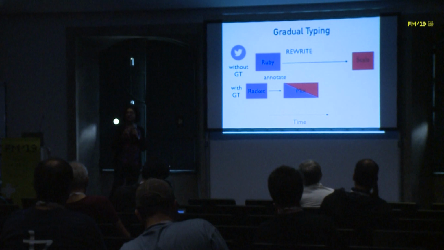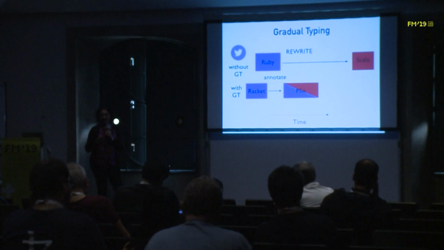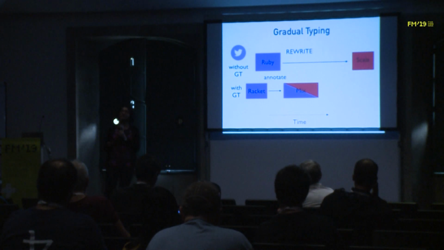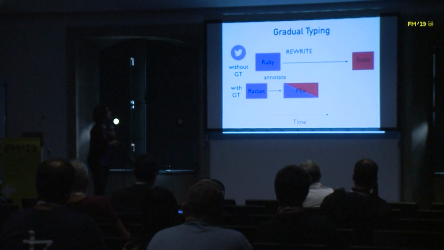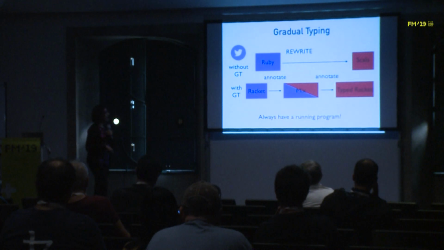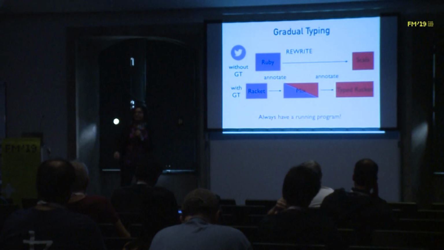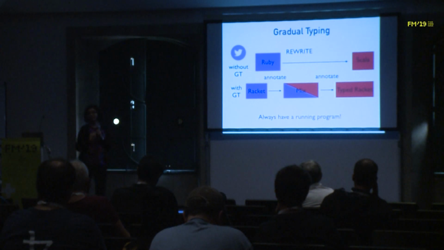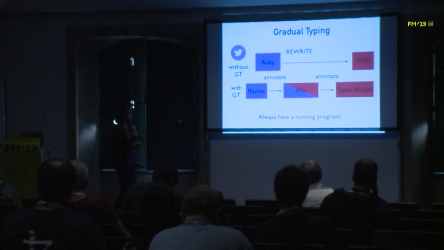And you can actually run that application. Those typed Racket modules are drop-in replacements for the old Racket code. The code remains the same, it's just that there are extra type annotations, which give you the advantage of static typing. And slowly over time, you could eventually migrate over to typed Racket. But the advantage here is that you can run that code in between, while you are slowly doing that migration. And you always have a running program.